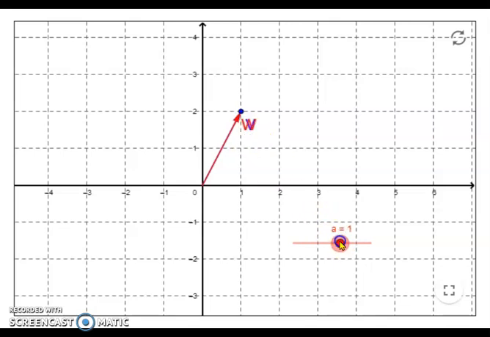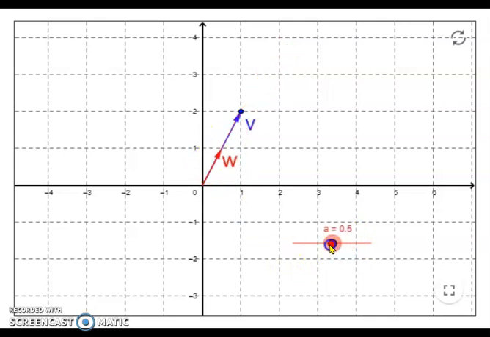If you increase a to 1.5, the scalar multiple is one and a half times v. If we multiply by 2, the components of w are twice the components of the vector v.